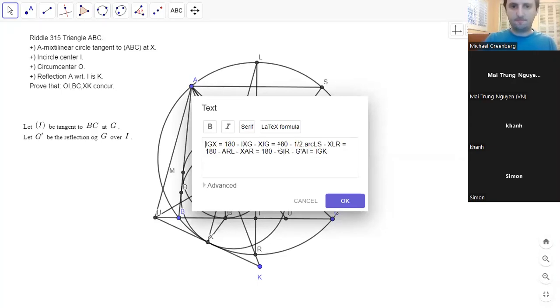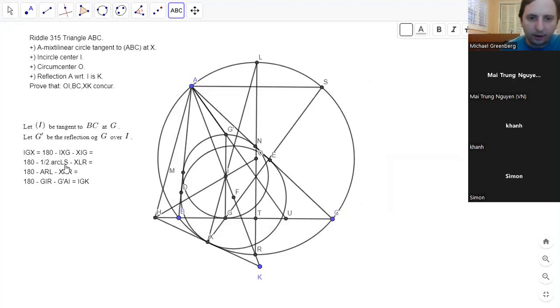There we go. Okay, so IGX is 180 minus IXG minus XIG, which is 180 minus half of arc LS minus XLR. XIG is XLR, which is 180 minus ARL minus XAR.